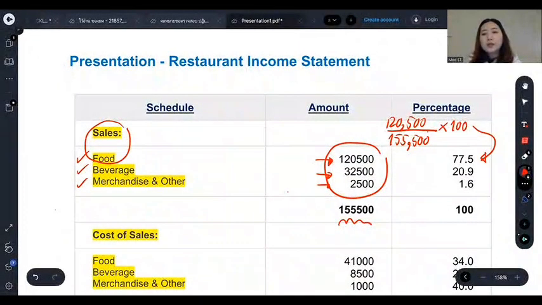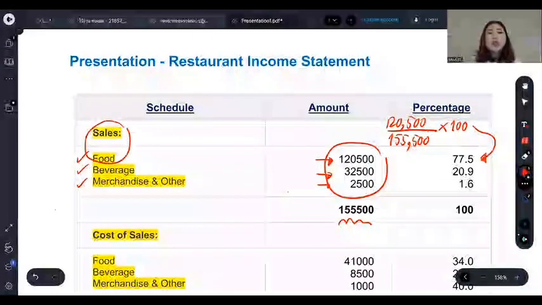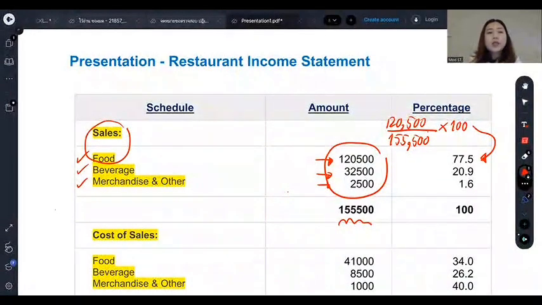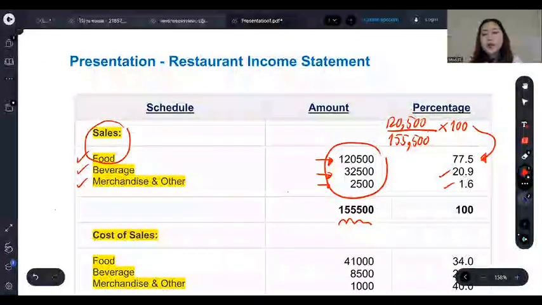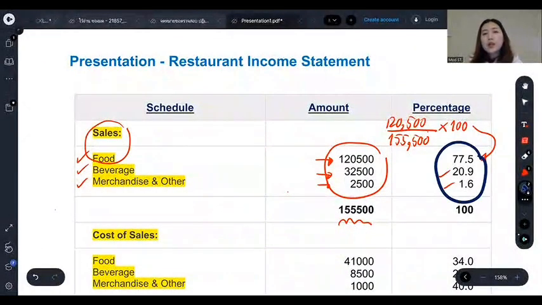You will get the percentage of the food sales. In the same way, we can use this formula to find the percentage of beverage and merchandise and other. And when you total all the percentages, we will get 100%.